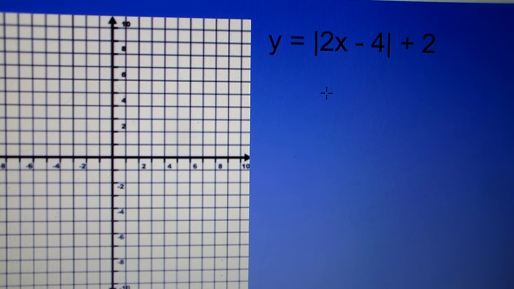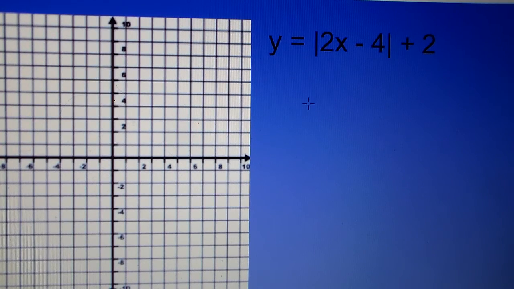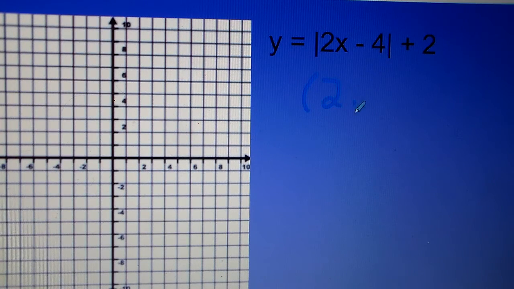We hit our graph button. We see what the graph looks like. Hit second graph button, you get to the table, and you see at 2 is where our vertex is, so it's 2, comma 2. You get that positive 2 from there.